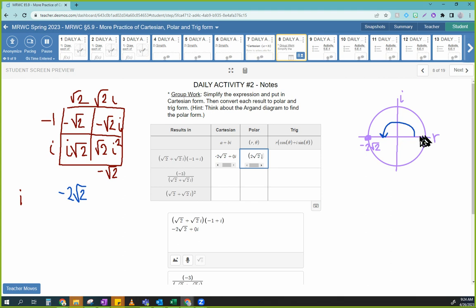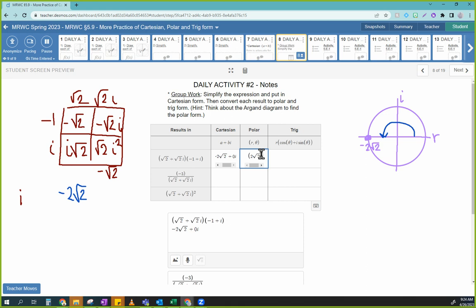Okay, now figure out my angle. What angle is this? Yes, it's 180, also known as pi.